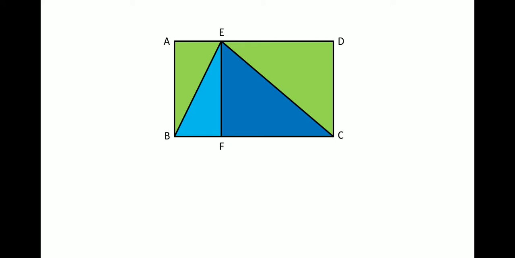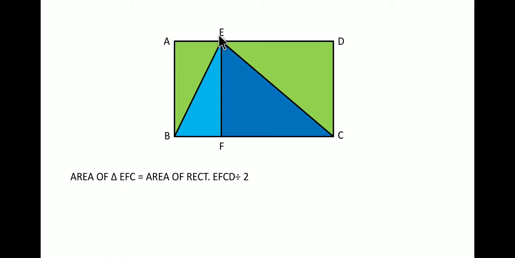So triangle EFC will be half the area of this rectangle EFCD. We can say that the area of triangle EFC is equal to the area of rectangle EFCD divided by 2. This triangle's area will be half of this rectangle's area.